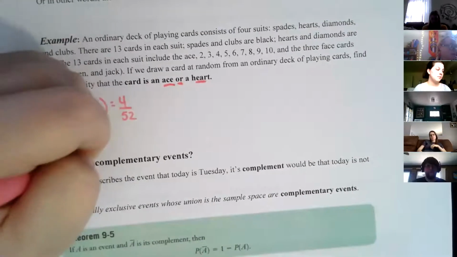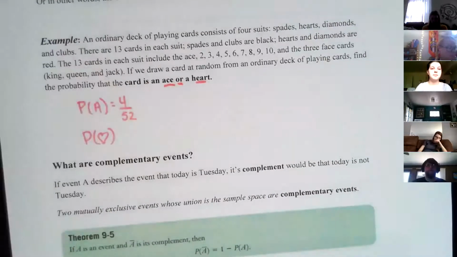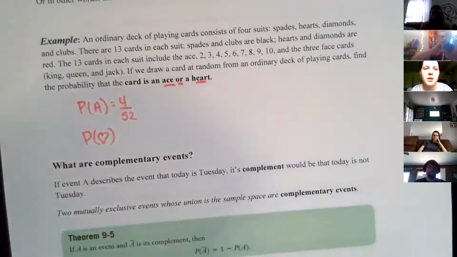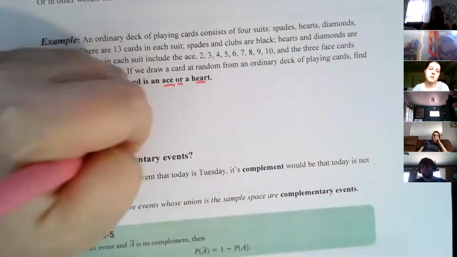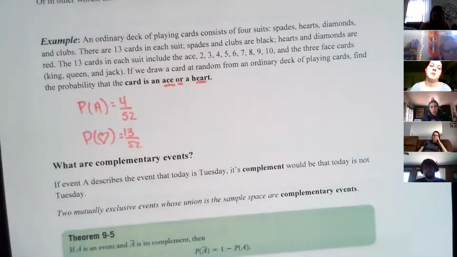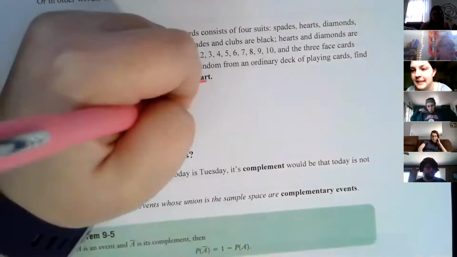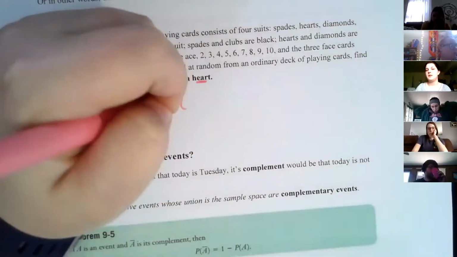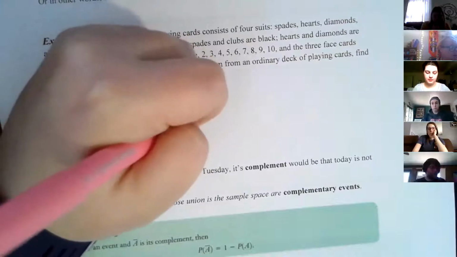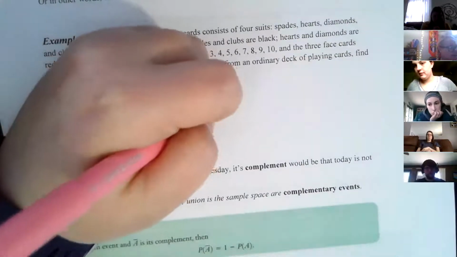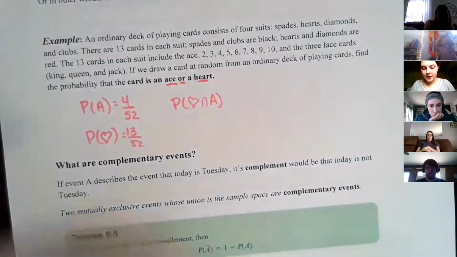Probability of drawing a heart. 13 out of 52. Now, what's the probability of you getting a heart and an ace at the same time? 1 in 52.